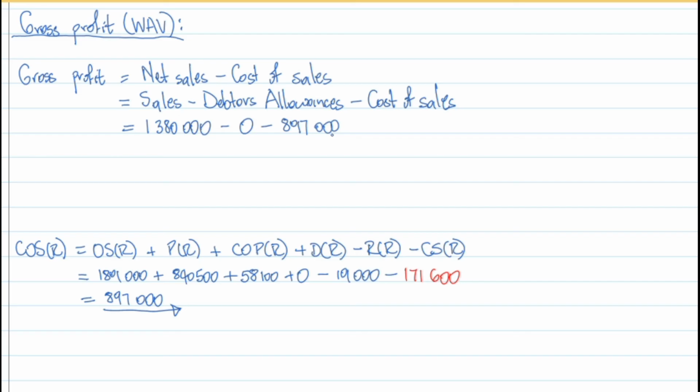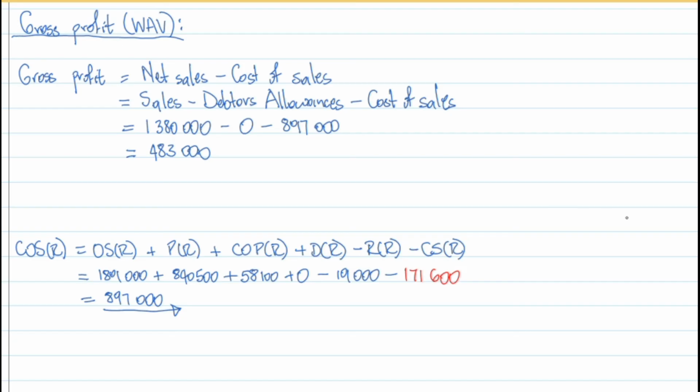So that means that our gross profit is equal to 1,380,000 rands minus 0 minus 897,000 rands. This gives us a gross profit figure of 483,000 rands.